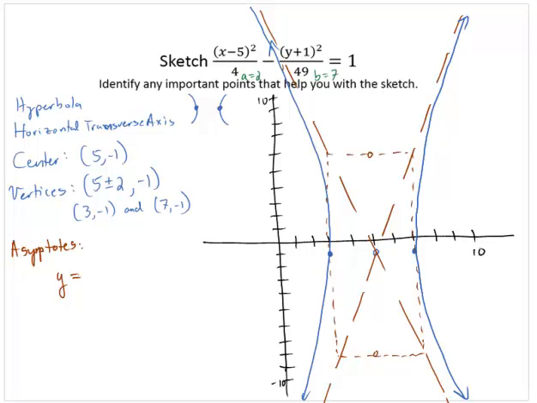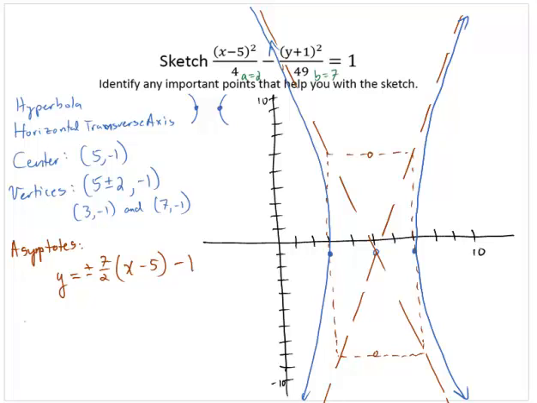But it doesn't go through the origin, it goes through a specific point. So we'll use point-slope form. So the asymptotes are defined by y equals positive or negative 7/2 times the quantity x minus 5, minus 1. And there are the equations of the asymptotes.